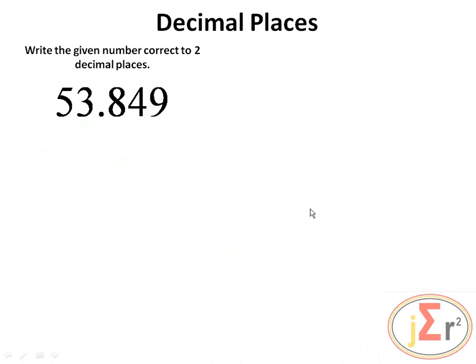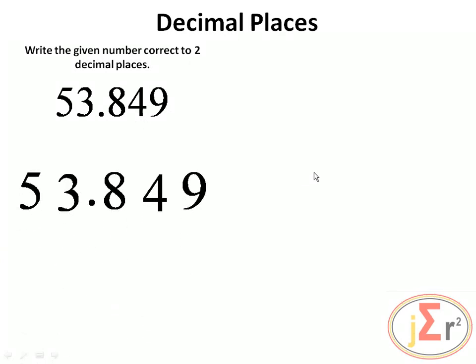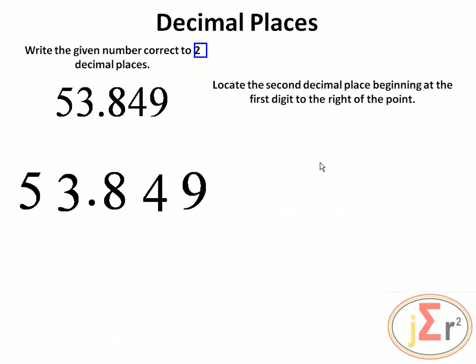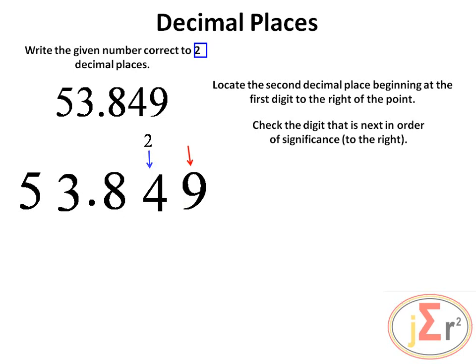Write the given number correct to 2 decimal places. Locate the second decimal place beginning at the first digit to the right of the decimal point. Check the digit that is next in order of significance.